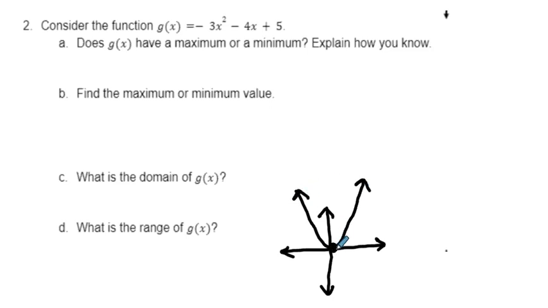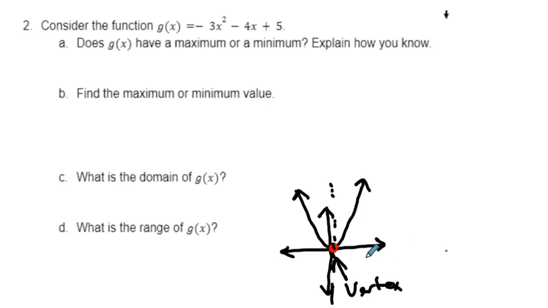And your lowest point, I'll make it red, this point right here, happens to be your vertex. Your vertex is along your axis of symmetry, which would be through here, and it's the lowest point of the parabola.